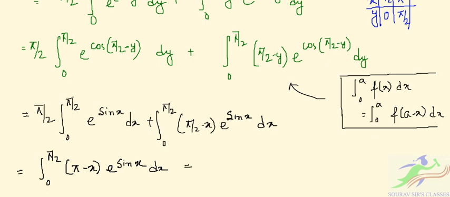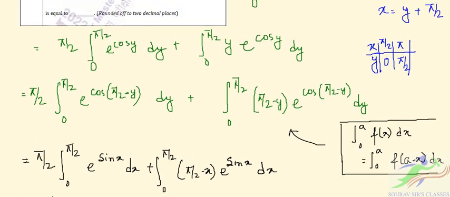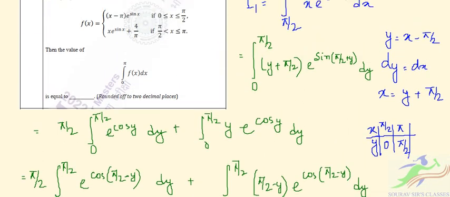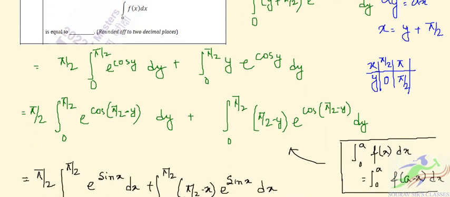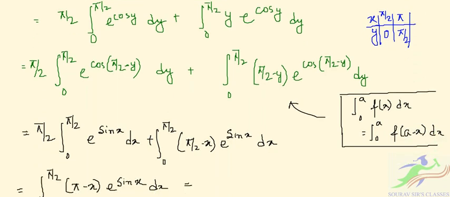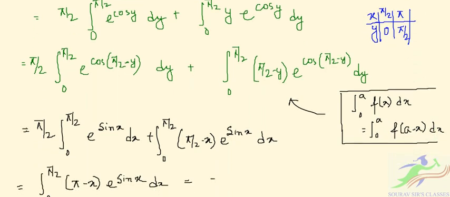So let's just select the question. Our first expression for this f of x is x minus pi times e to the power sine x, when x is from 0 to pi by 2. So we can similarly do the same thing, that is minus of the integral 0 to pi by 2 of x minus pi e to the power sine x dx.